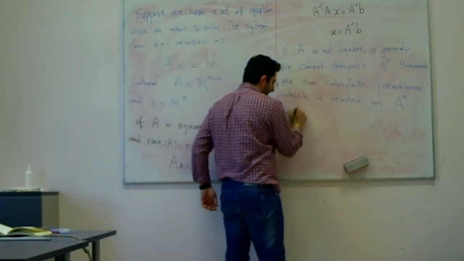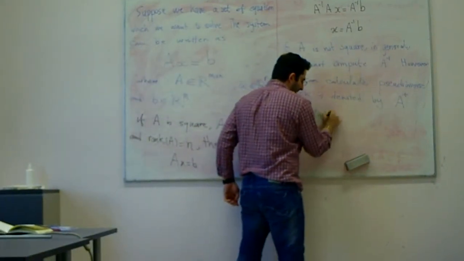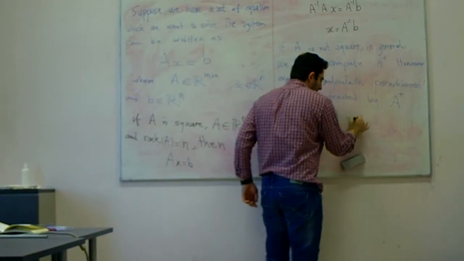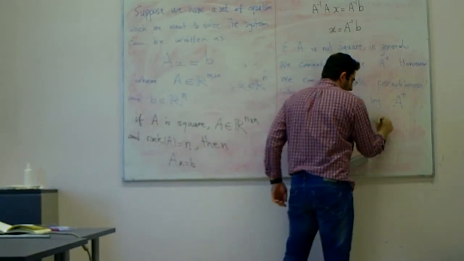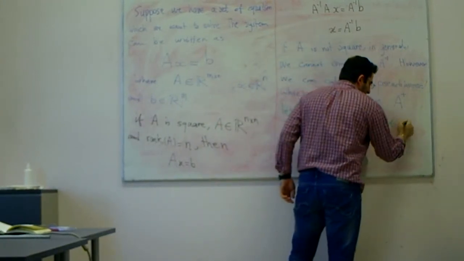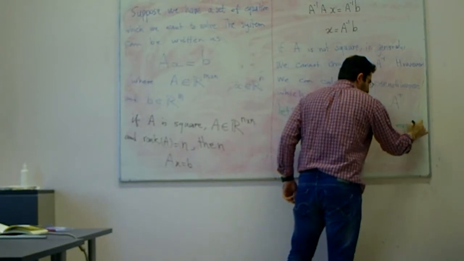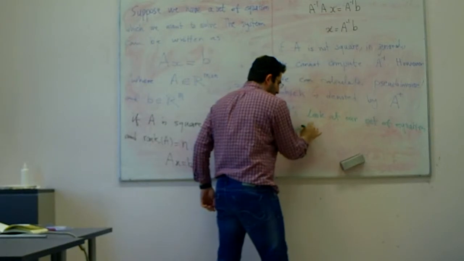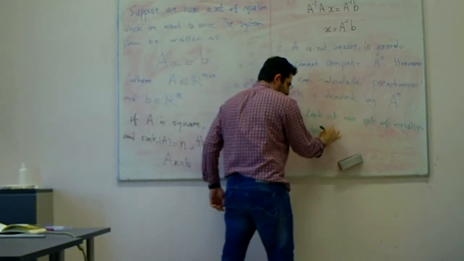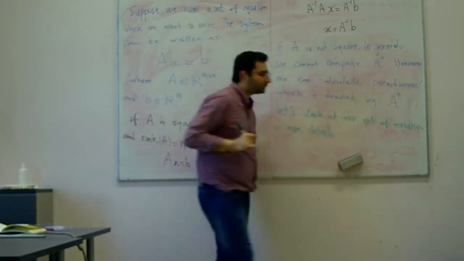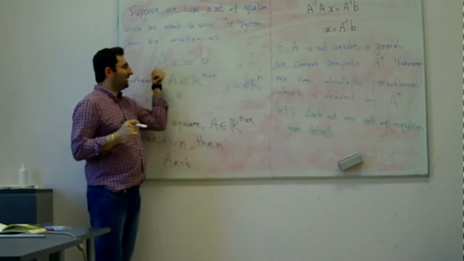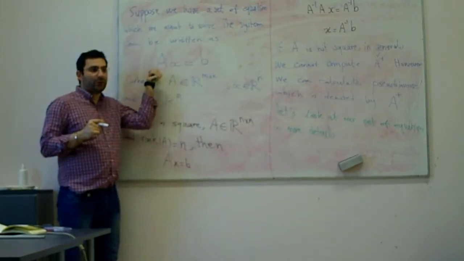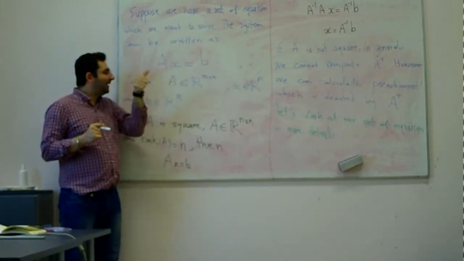Let's look at our set of simultaneous equations in more detail. What I mean, we are in this form: Ax is equal to b.